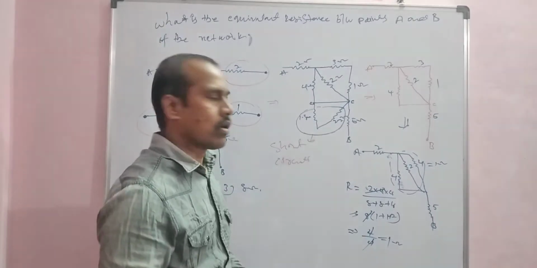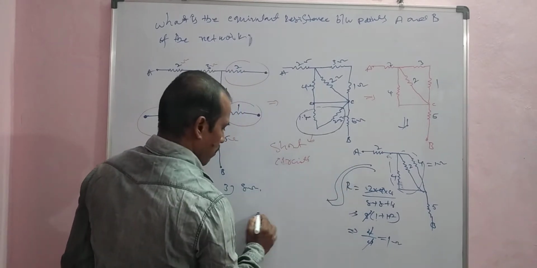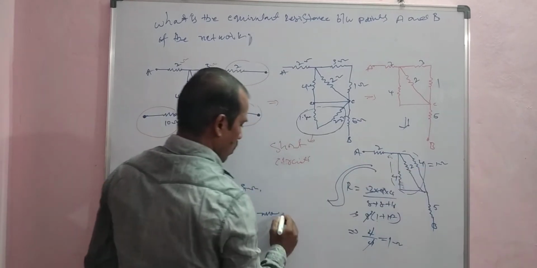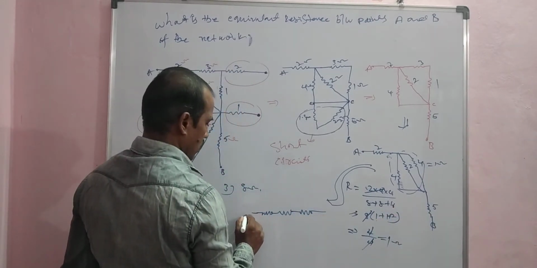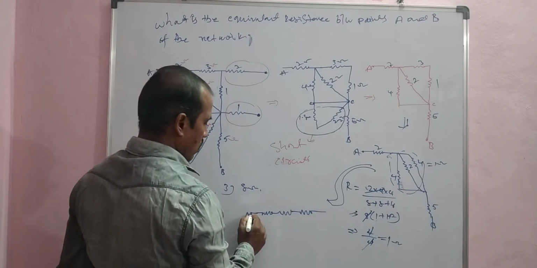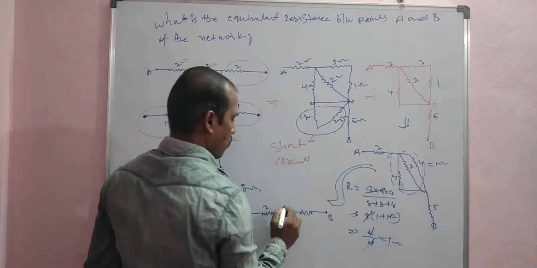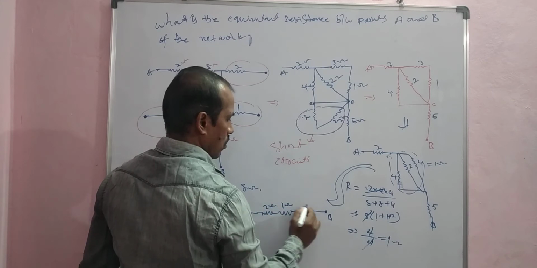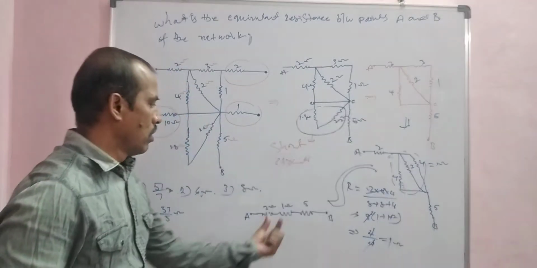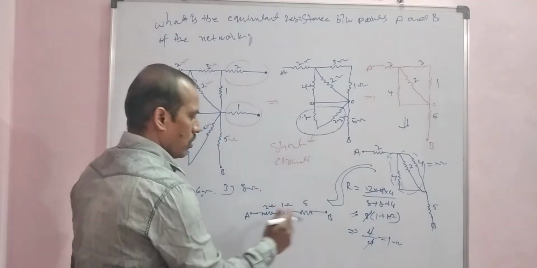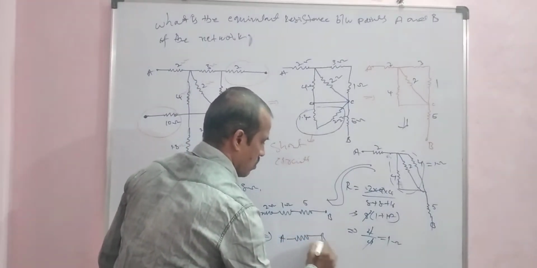Between the terminals A and B there are 2 ohm, 1 ohm and 5 ohm in series, so the total is 2 plus 1 plus 5, which is equal to 8 ohm.